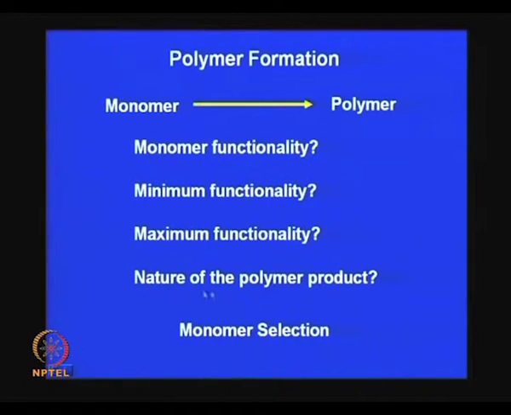Looking at those points, we have to go for a proper selection of monomer before synthesizing a polymer. First of all, you have to select what polymer we are going to synthesize, a polyester or polyethylene. If you want to have a polyester, then we should select a principle of step reaction polymerization involving monomers which will lead to an ester functional group after reaction between the reactive functional groups.